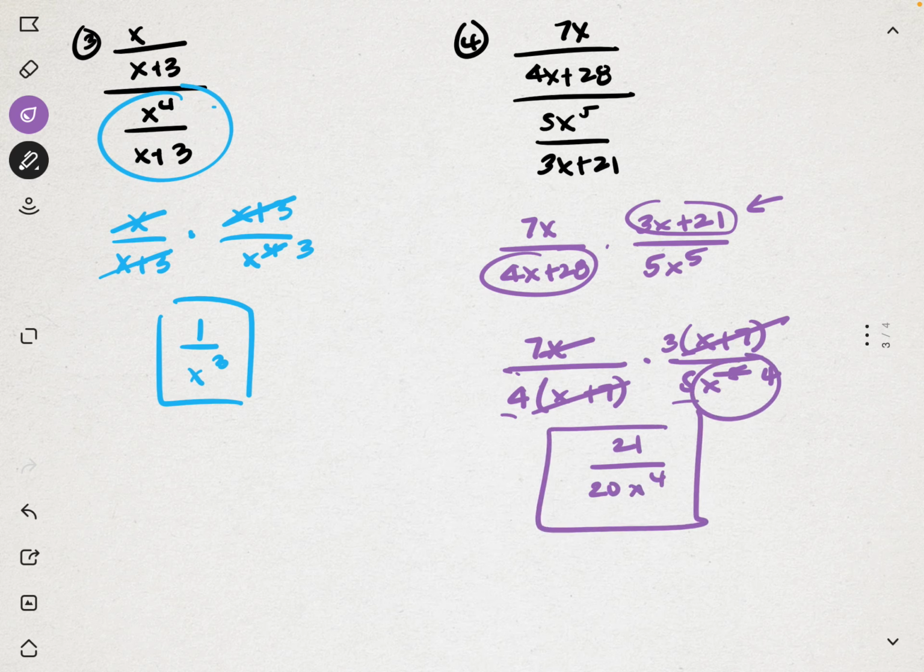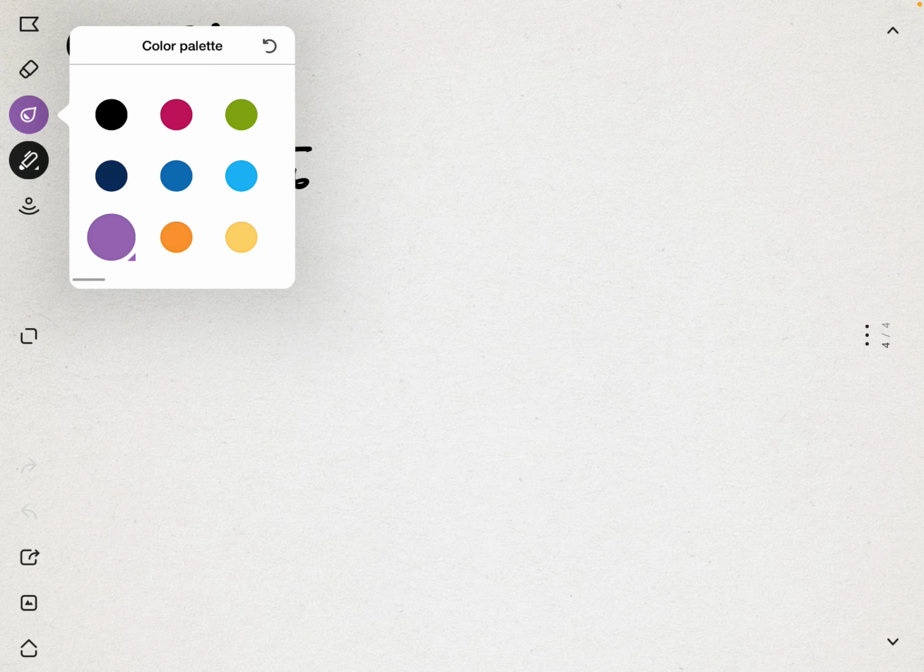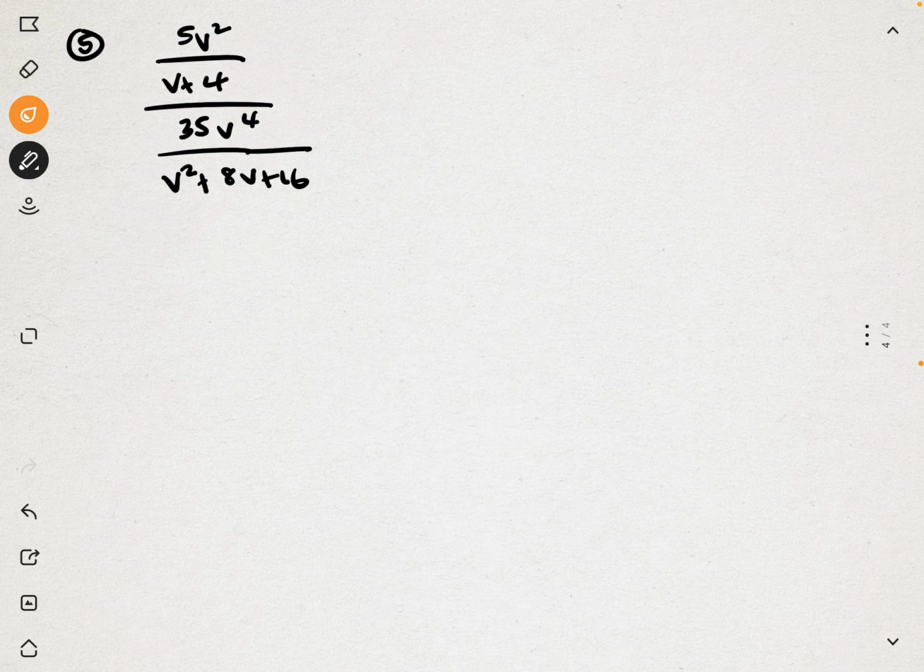Okay, on to the last one. Of course, we got to practice our factoring, right? So, well, let's just set it up first. 5v squared over v plus 4 is our numerator. We're going to change this division symbol into a multiplication by the reciprocal.